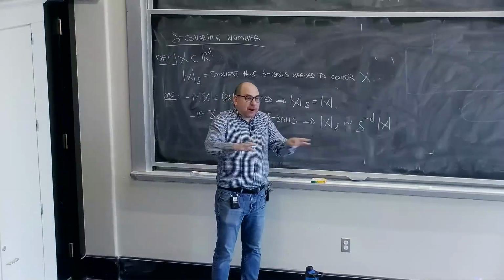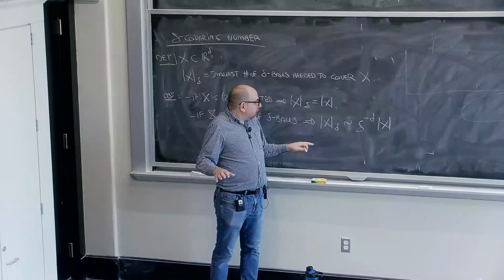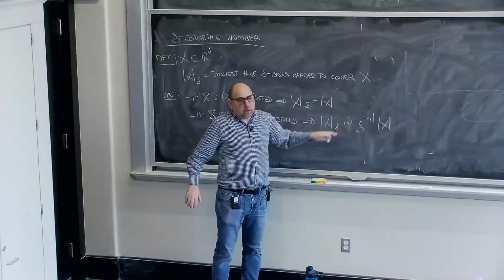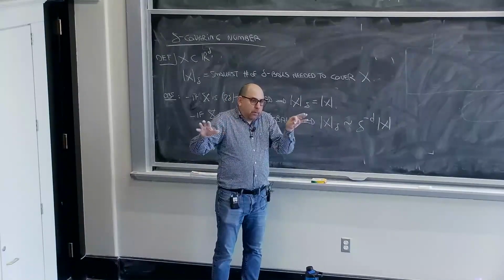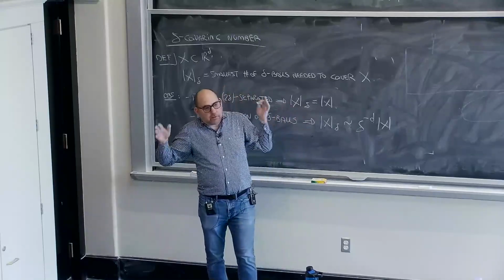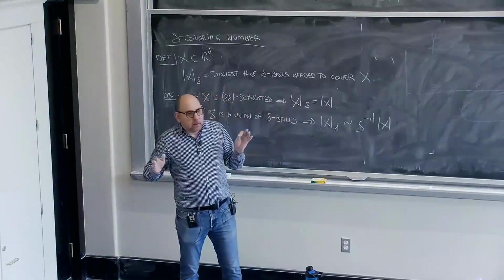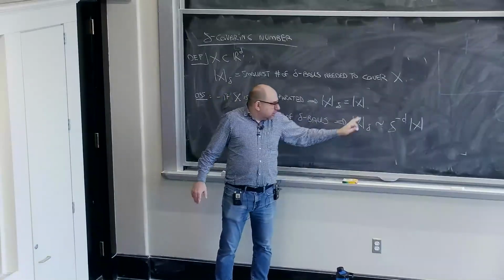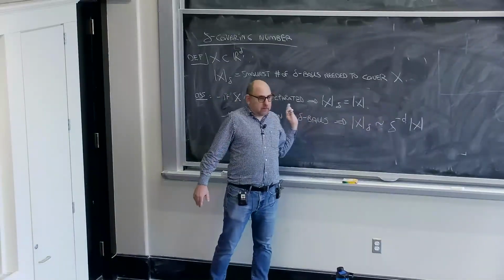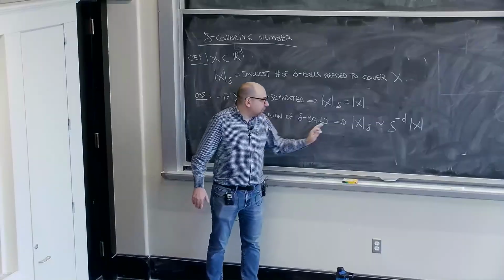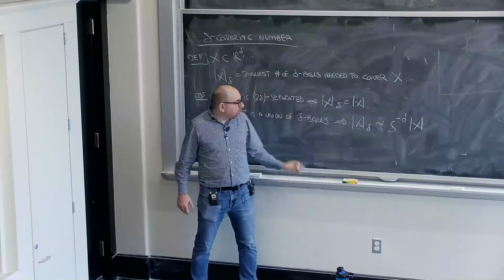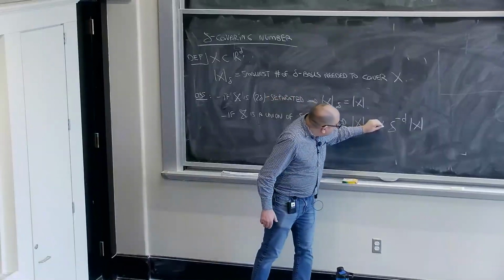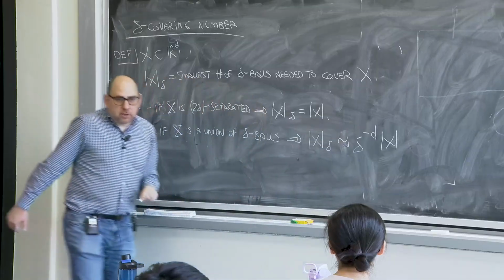If you have a finitely overlapping collection of delta balls, then you just cover by the finitely overlapping family, and you lose only a constant. And any union of balls you can cover by a finitely overlapping family. So I guess you need some covering theorem to make it precise. Anyway, it's true, and we are not going to use it, but you can convince yourself that it's true. Again, easier to believe if the balls are disjoint, but also true. If balls are disjoint, it's equal. If the balls are not disjoint, there is a wiggle, which maybe depends on the ambient dimension d.